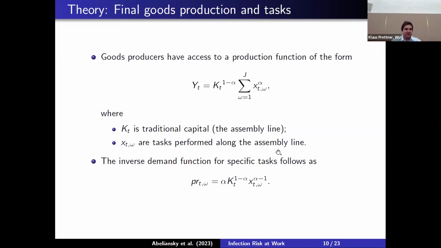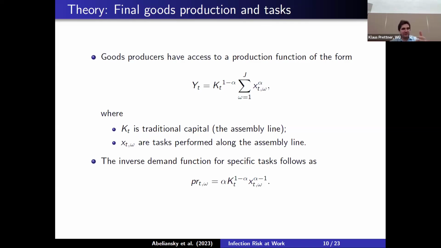Now, if a firm operates in a competitive environment, then it maximizes profits, and the profit maximizing employment of one of these tasks, x t omega, can be determined as the marginal product of this particular task in production, because the marginal product means how much production increases if I increase employment of this task a little bit.